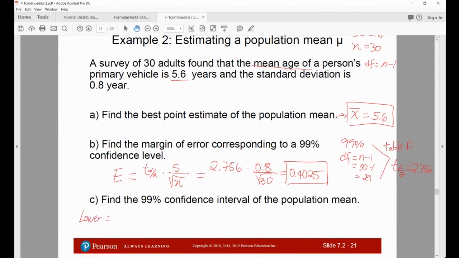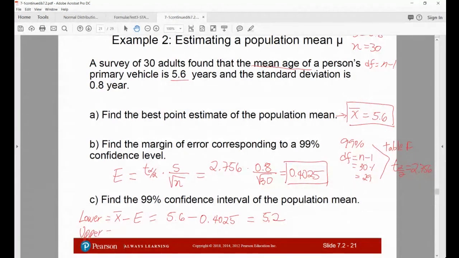And then what will be the confidence interval? The lower limit is the sample mean minus the margin of error. So the sample mean is 5.6 and the margin of error 0.4025. So let's round to 1 decimal. So 5.2, the lower limit is 5.2.